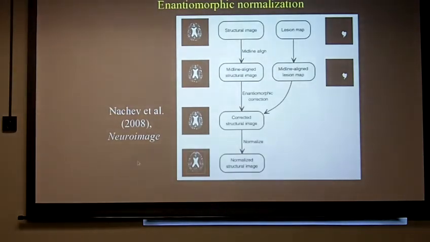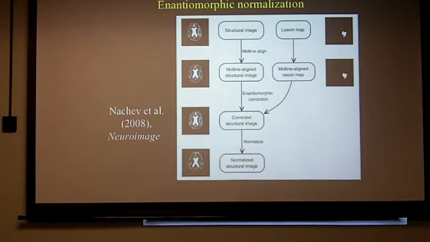And this is the last scheme, a clever scheme that I want to mention. It is called enantiomorphic normalization. I never looked up the word, but the idea is very simple. This is for largely lateralized lesions.